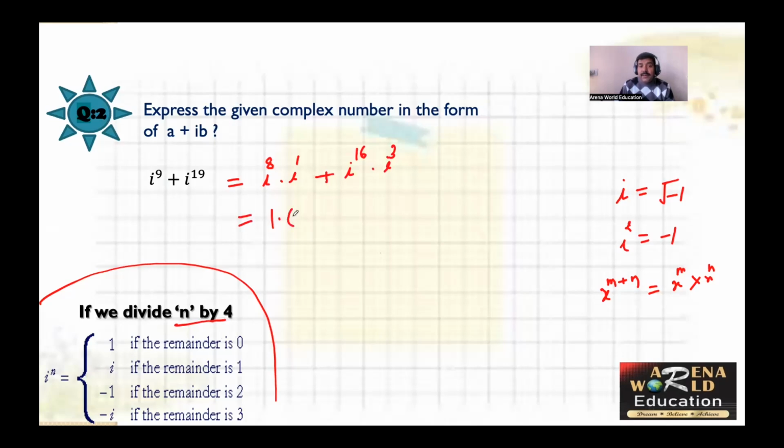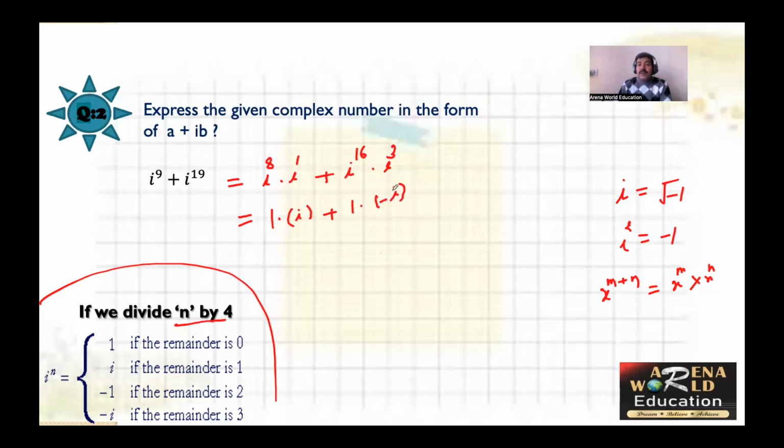Iota will be as it is, plus iota raised to power 16, again it will be 1. If you divide 3 by 4, 3 is not divisible by 4, so the remainder is 3. In this case, you will get iota raised to power 3 equal to minus iota.